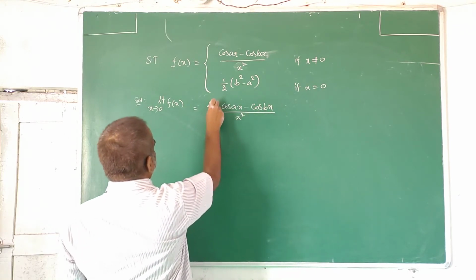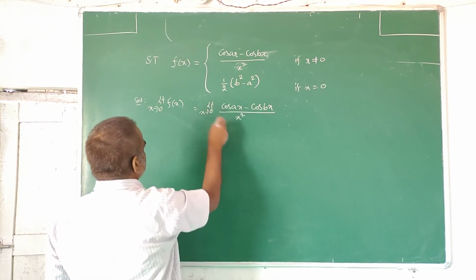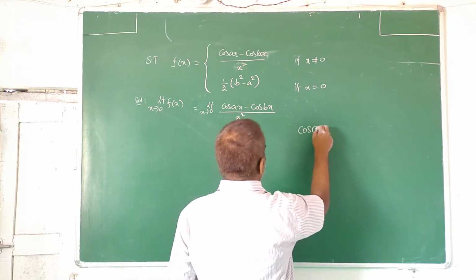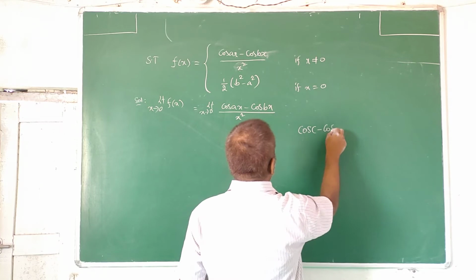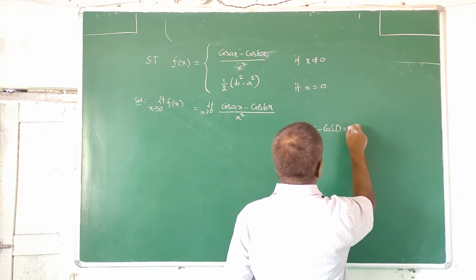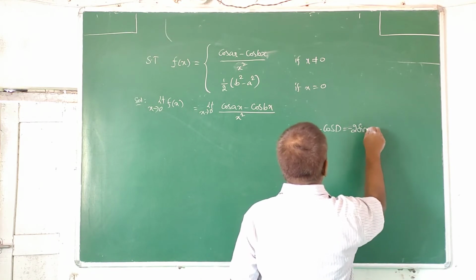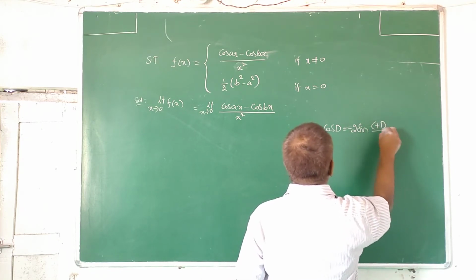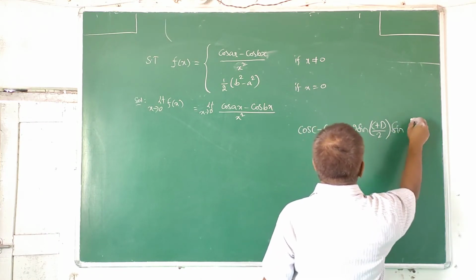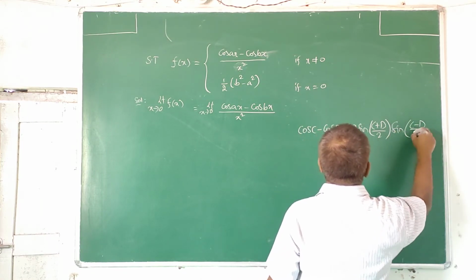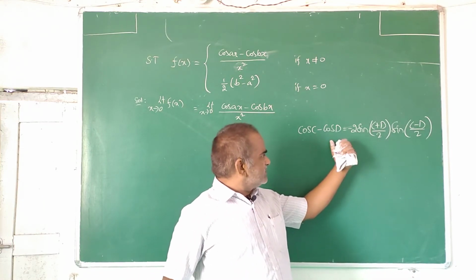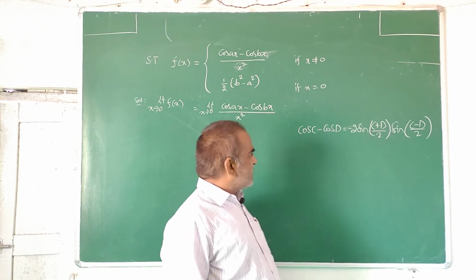So limit x tends to 0. Here you have to apply the trigonometry transformation formula: cos c minus cos d equals minus 2 sin((c plus d) by 2) sin((c minus d) by 2). I wrote that formula clearly.